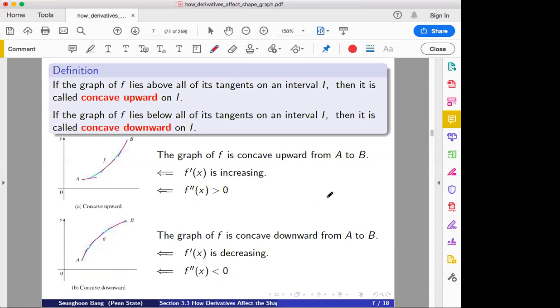So we have one conclusion. How can you check whether the graph is concave upward or downward? We can use the second derivative. If the second derivative is a positive number, the graph of f is concave up. If the second derivative is less than 0, the graph of f is concave downward. This is the whole idea.